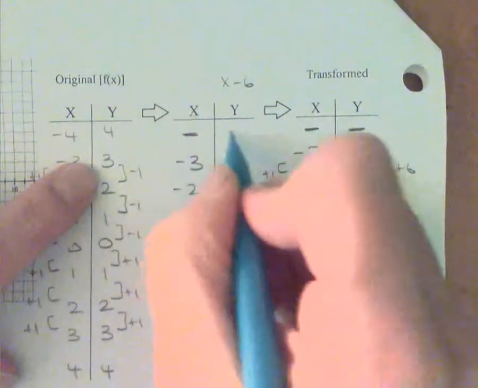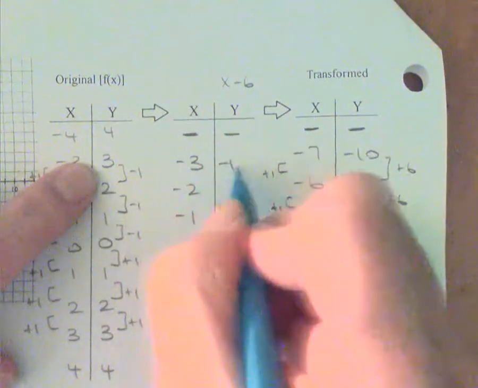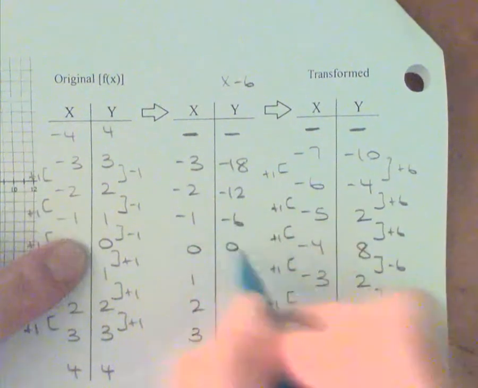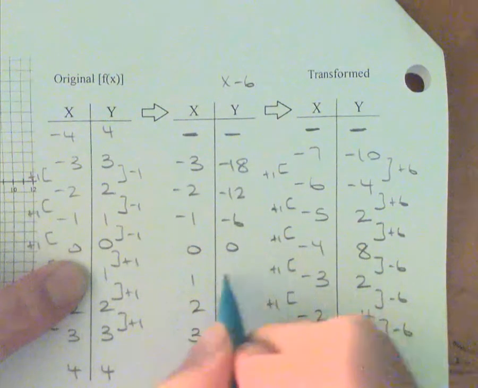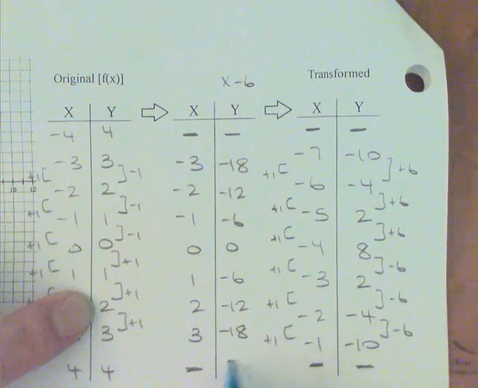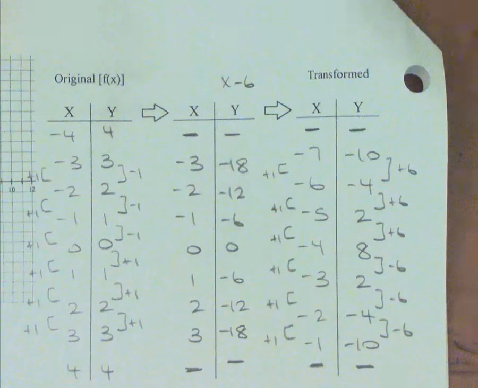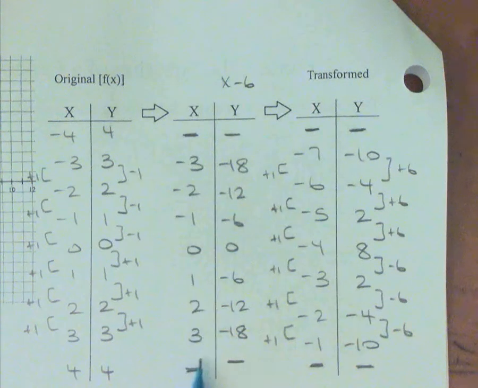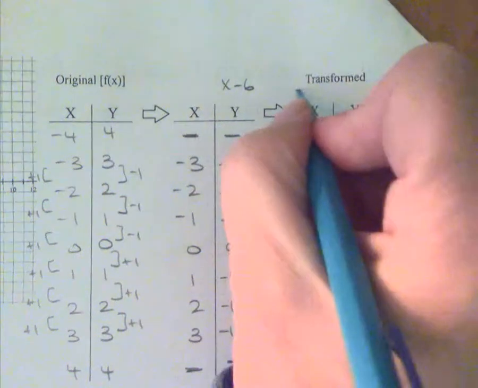So I get, don't worry about that one, -18, -12, -6, 0, -6, -12, -18. Don't worry about that one. And then I look, how do I go from every value in this x column to every value in this x column? So what happens is I'm subtracting 4.